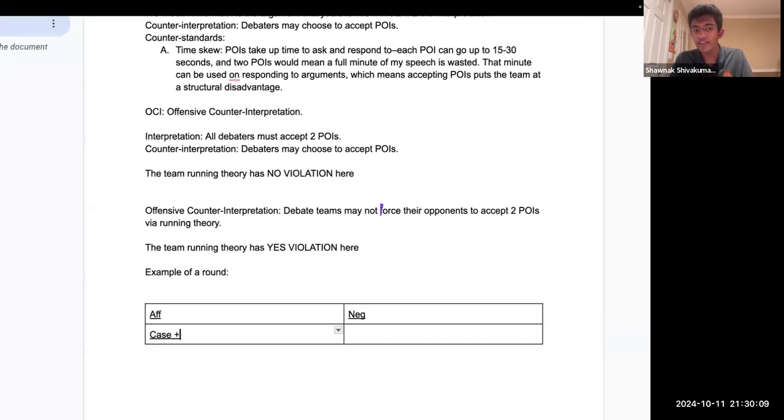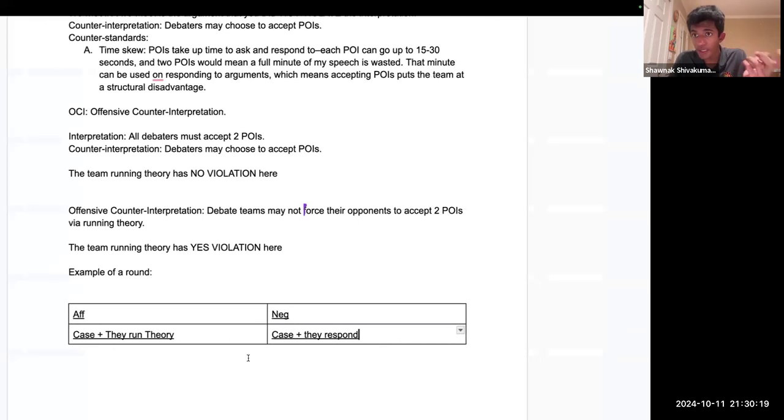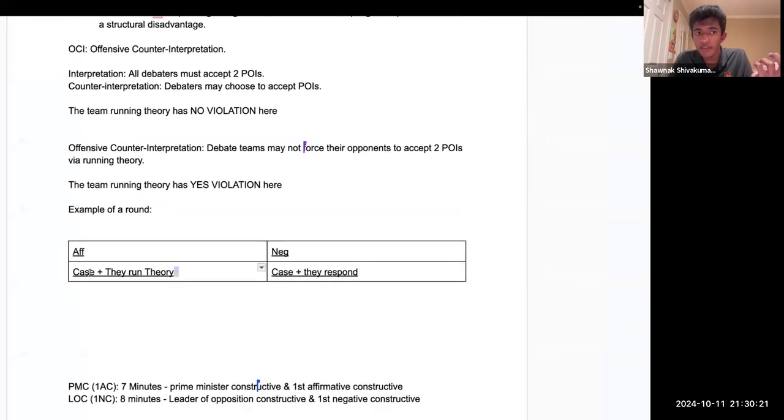The aff is reading case plus they run theory. The neg is reading case plus they respond. If we make a simple chart, the aff can win on the case and the aff can win on theory, if you read just a regular counter interp. The neg can only win on case. And this is assuming no RVIs.